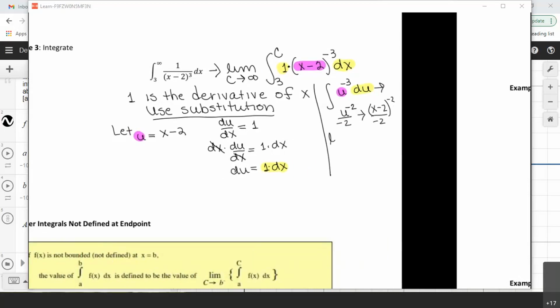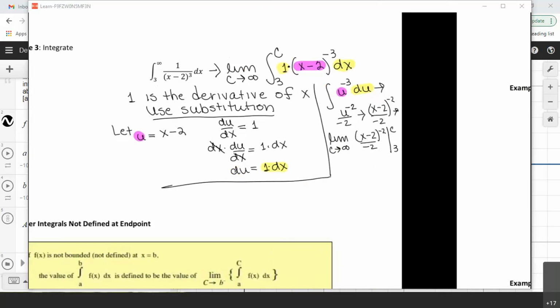And now I can put my x bounds back in as c approaches infinity. Okay, my lower bound was c, my upper bound is 3. Okay, so here's the u substitution. I did the integration with the power rule, and then I just plugged my x back in for my u, because again, my bounds on this integral have to do with x, not u. Okay?